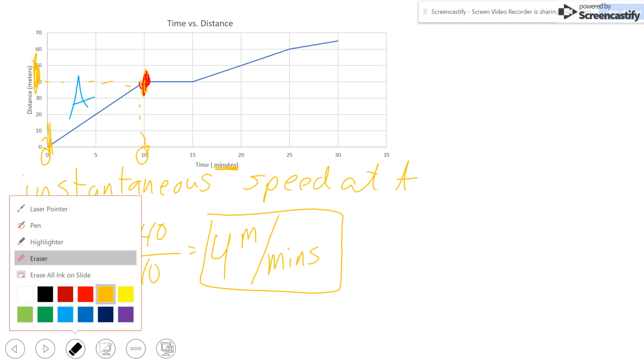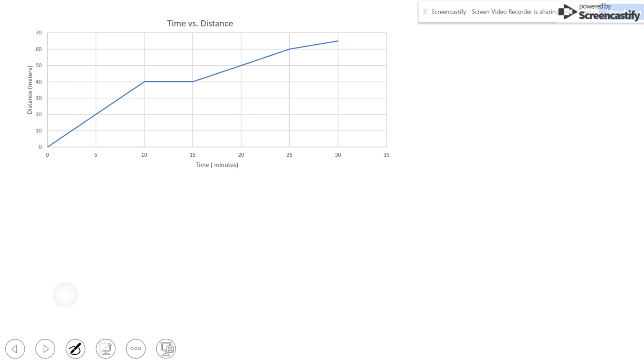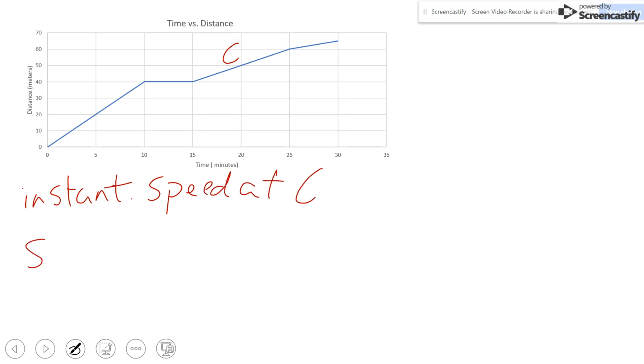All right, looking at the next one, point C. Again, speed equals distance over time. And yes, you need to write this over and over again. It'll help you remember your formulas. This is going to get a little trickier because we're looking at the speed already into the drive, from this point to this point.